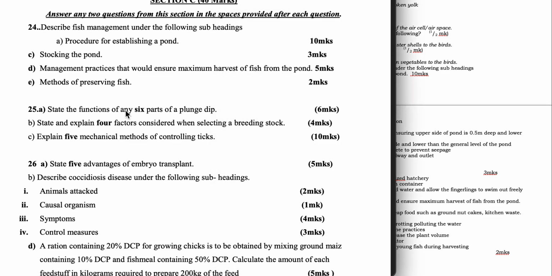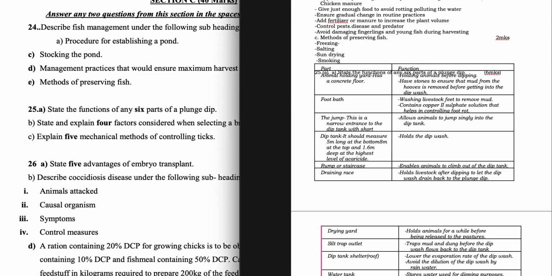25A, state the functions of any 6 parts of a cattle dip. We have the animal holding yard, which has a concrete floor, holding animals before dipping. It has stones to ensure that the mud from the hooves is removed before getting into the dip wash.